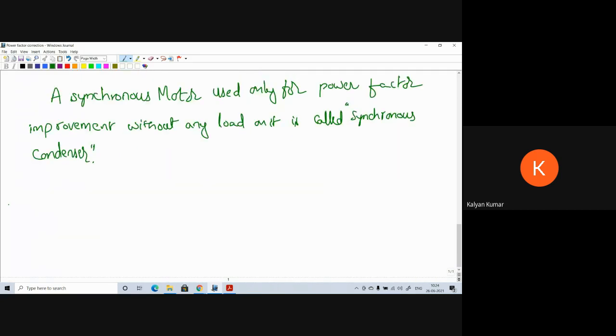So if you use a synchronous motor for the improvement of power factor without using it for supplying a load, then it is called a synchronous condenser.